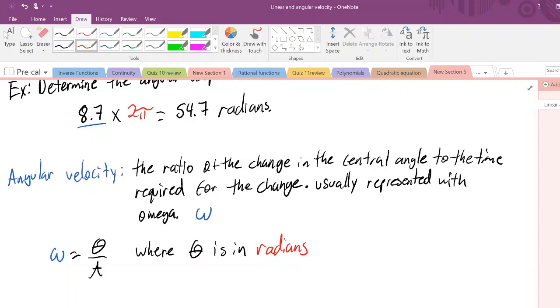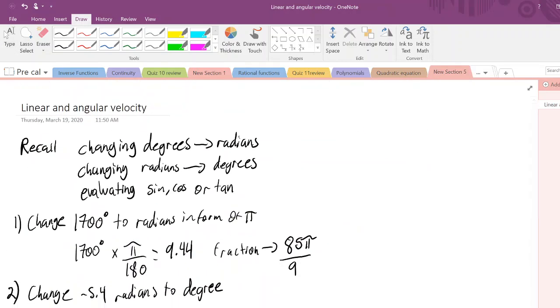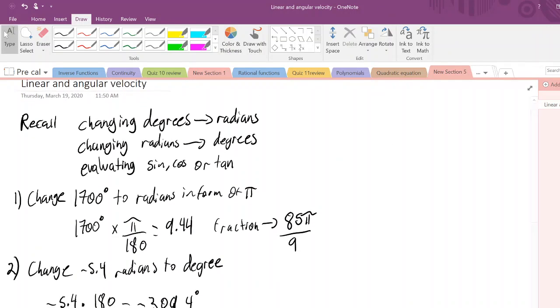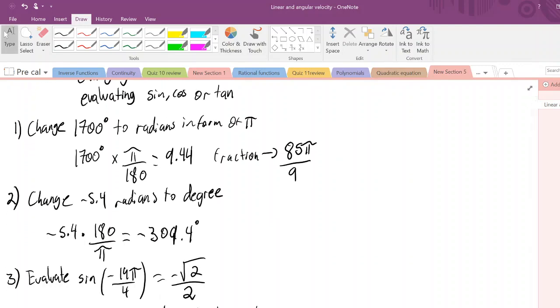Alright, but this is going to be important, because if it's given in degrees, you already know how to convert it to radians. This is not going to work with degrees. This can only work with the radians. Alright, so make sure that if something's given in degrees, you know how to convert it to radians. I promise you, I'm going to put that in the quiz, and I know some of you are going to get it wrong. So just remember, if I give you degrees, make sure you know how to convert it to radians. The equation is up here. All right, remember, if you have degrees, you multiply by pi over 180.